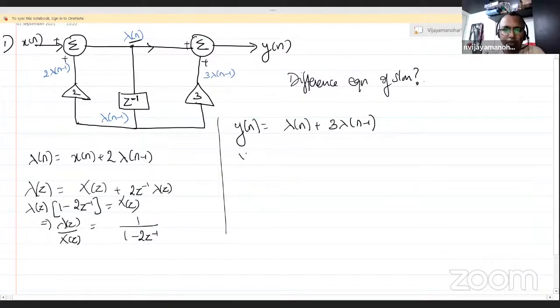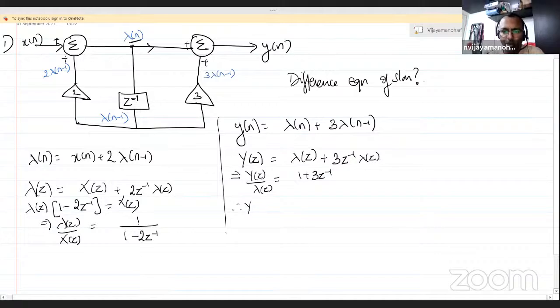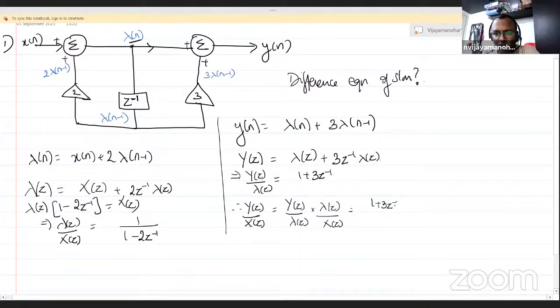Now if I take z transform here on both sides, what will I get? Y of z is equal to lambda of z plus 3z inverse lambda of z, which implies y of z by lambda of z equal to 1 plus 3z inverse. So therefore y of z by x of z, which is the transfer function of the system, is y of z by lambda of z into lambda of z by x of z, which is nothing but 1 plus 3z inverse divided by 1 minus 2z inverse.